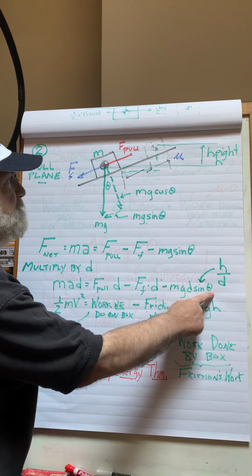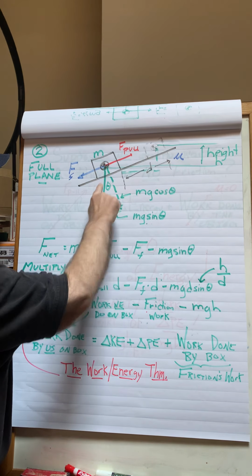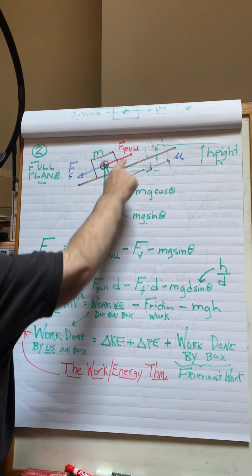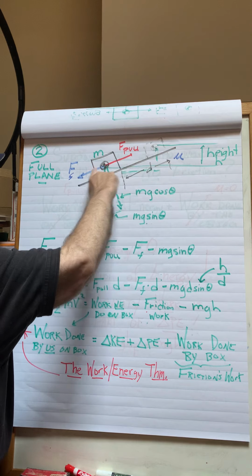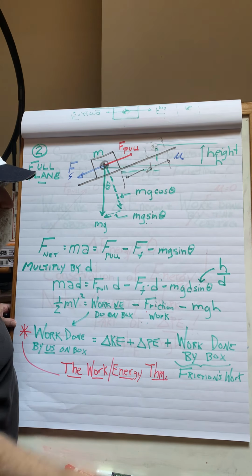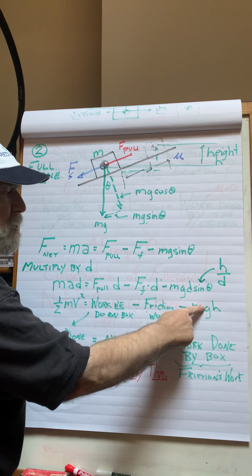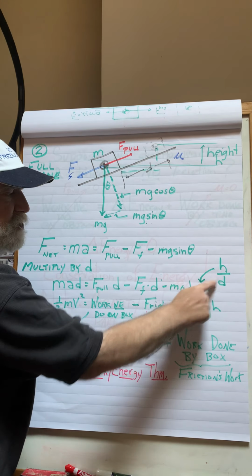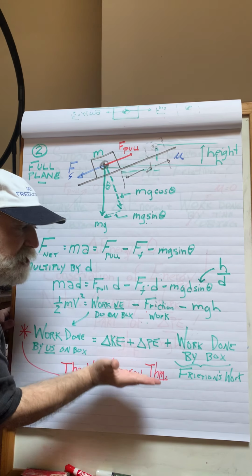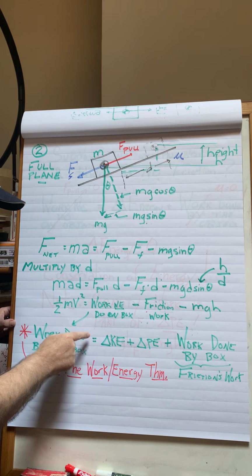And remember, the sine of theta, the sine of this angle in here, or the sine of this angle in here, is going to be this guy over this guy. So it's going to be h over d, height over distance. That's the sine of theta. When I plug that in, the distances will cancel, and I'll get mgh. Recognize mgh is the work I do in lifting something.